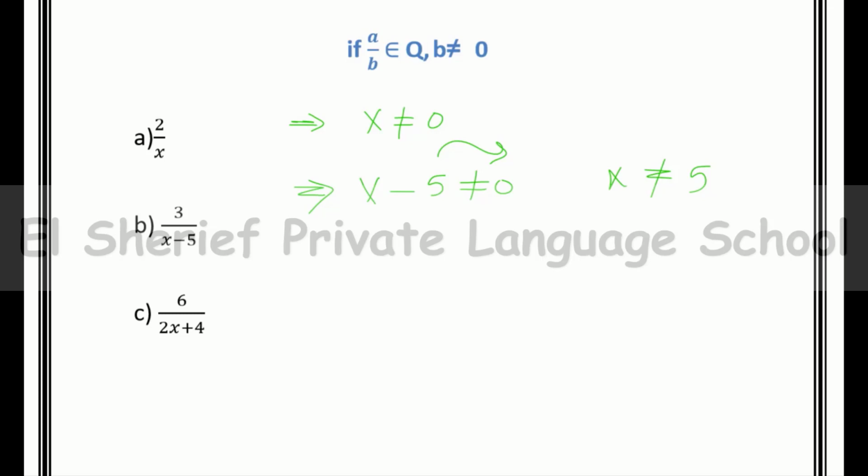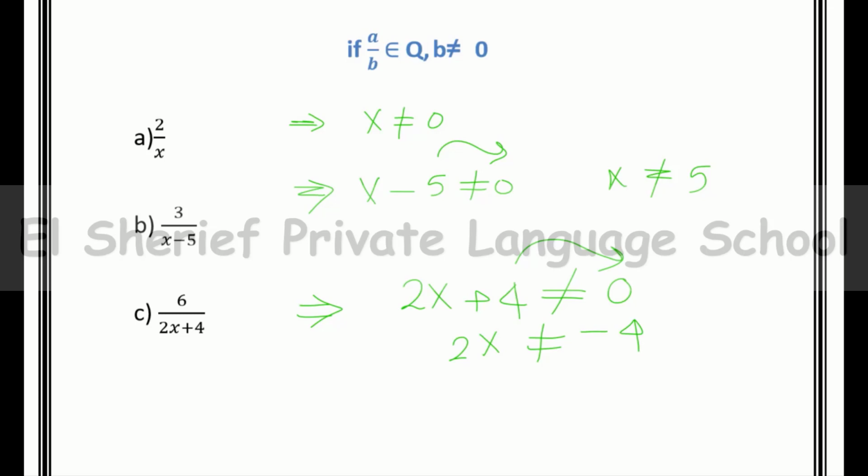And the letter C, 6 over 2x plus 4. By the same way, the denominator must not equal 0. 2x plus 4 doesn't equal 0. Here I will put 4 on the other side with a different sign. 2x doesn't equal negative 4.